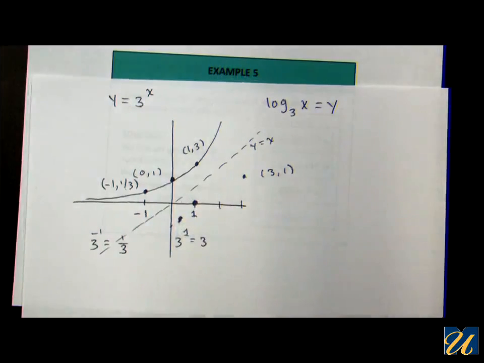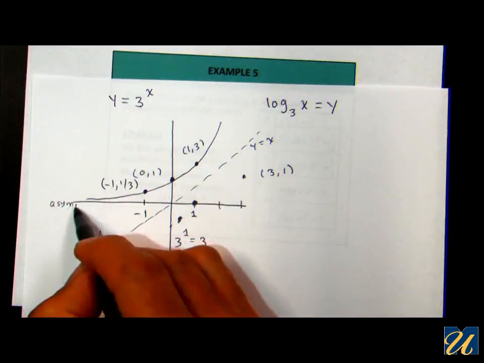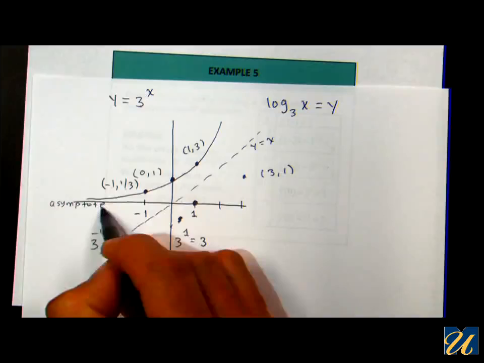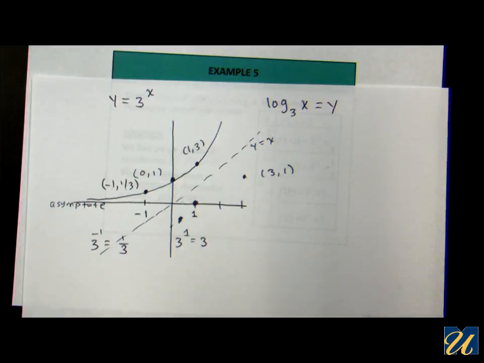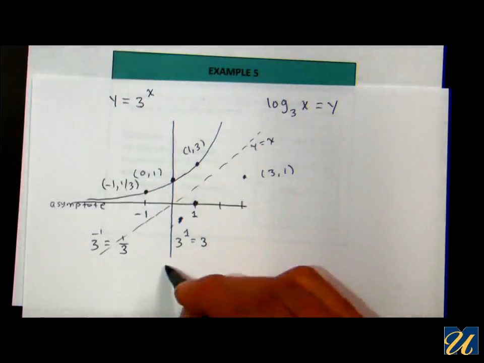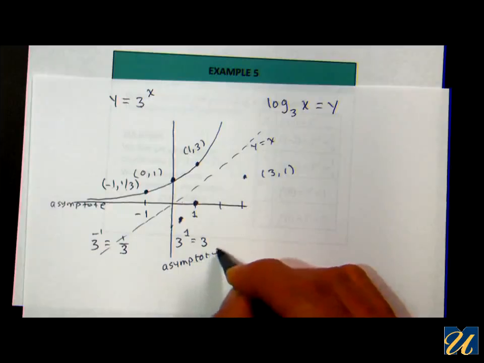Now also, we have an asymptote here for the exponential function. Well, since the domain and the range are interchanged, in other words, the x becomes the y and the y becomes the x, for the log function, the asymptote becomes the y-axis.